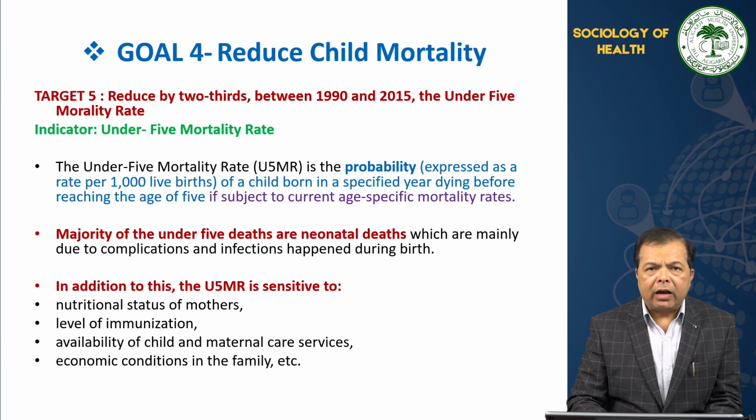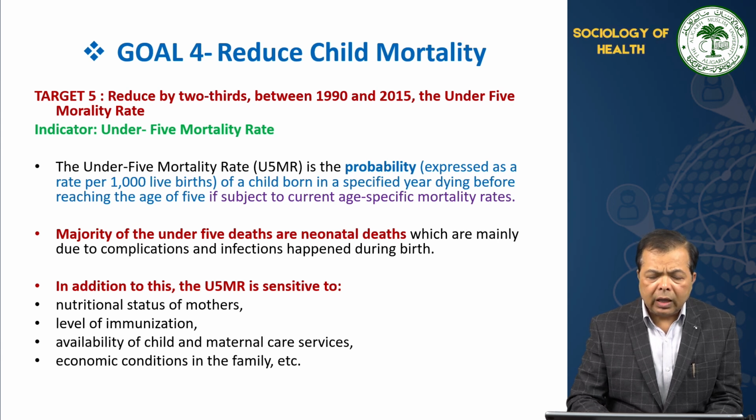We have already seen that the first 3 goals were related to basically reducing poverty, then hunger, then education, etc. Right? We talked about these things in the previous lecture. So when we talk about the health related goals, we start with goal number 4, reducing child mortality.